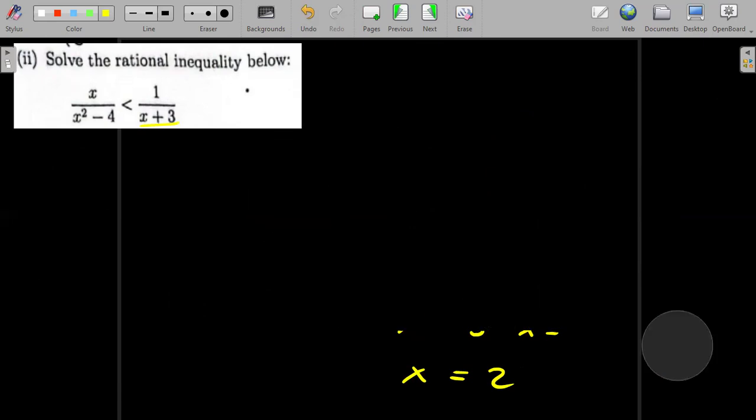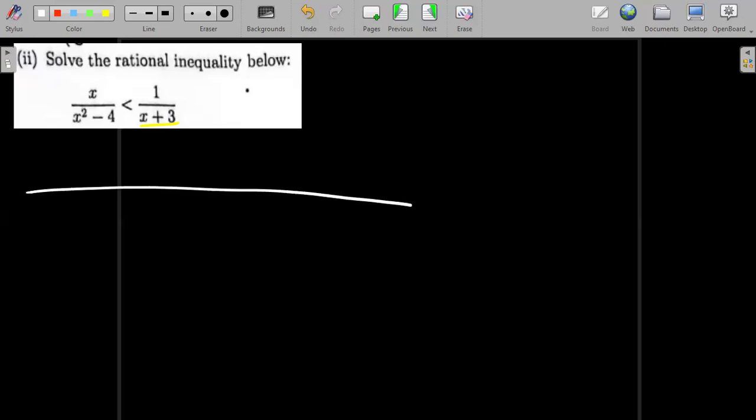Then I can come up with a critical table here, which will help me attain my solutions. So I'll have it like this. Here we have our first critical point, which is negative 3.